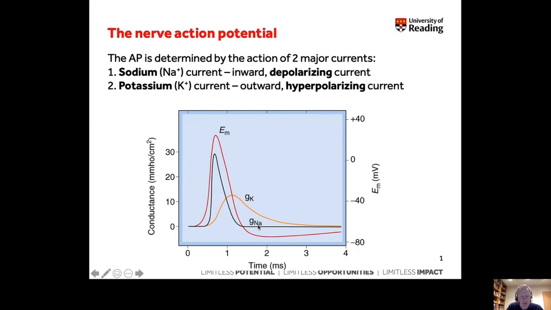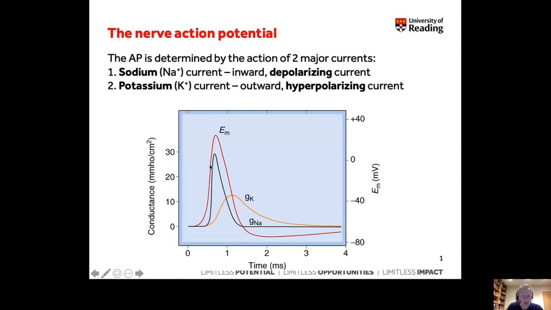So Gna, conductance of sodium, is shown in black. You get a rapid rise in sodium, and then the sodium channels, as we'll see over the next couple of slides, close very quickly over the order of a millisecond, whereas potassium tends to switch on more slowly and switch off slightly slower as well.